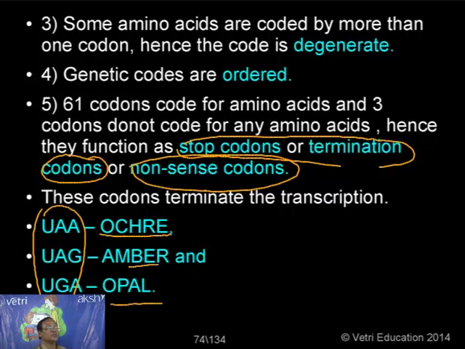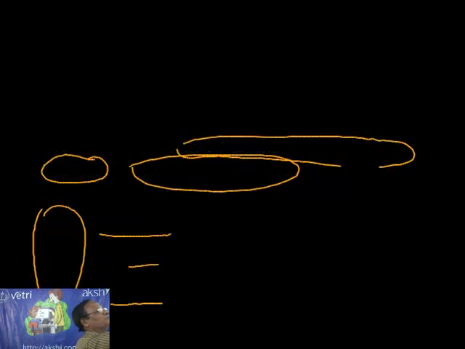Once these codons are exposed during the process, they stop it. Suppose there is a codon for the amino acid serine, and that is the last amino acid, so we have to complete the process. As soon as that codon is reached, one of these 3 codons is exposed to stop the process, hence called the stop codon or termination codon.